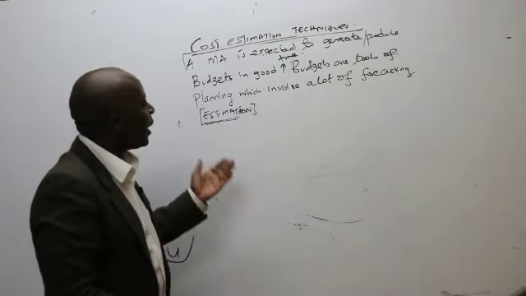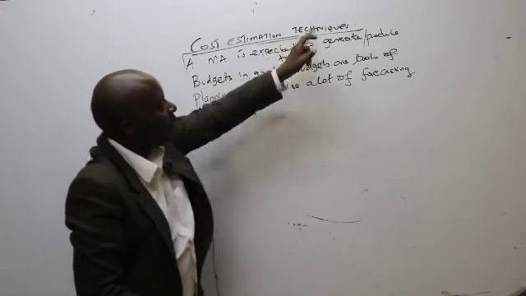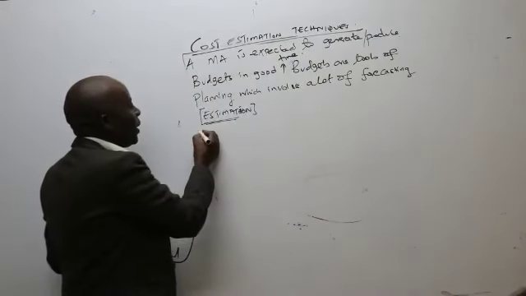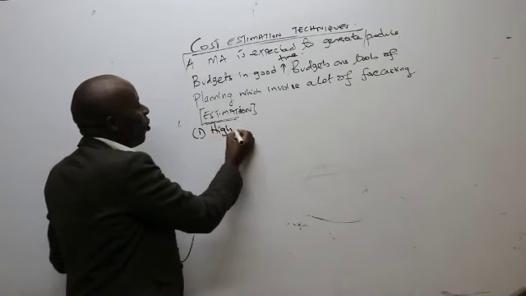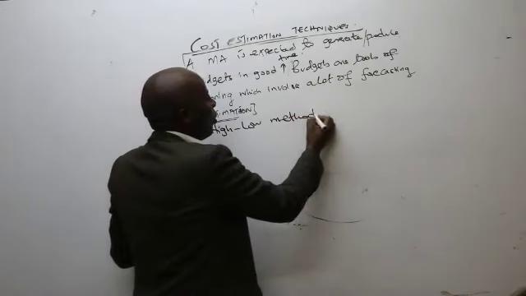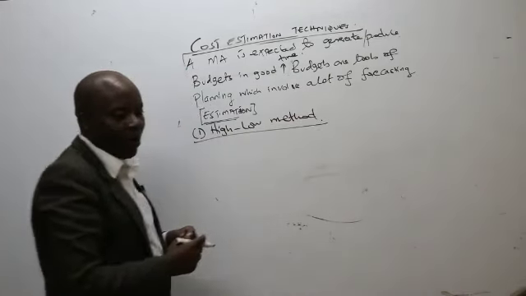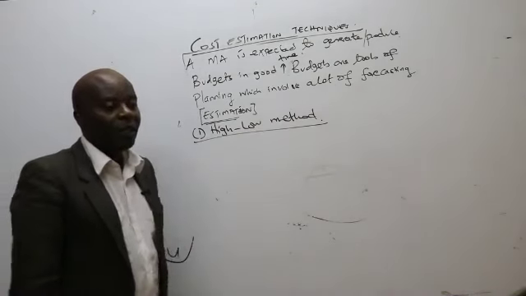Ladies and gentlemen, for us at this level, we are supposed to look at the techniques here. And the first technique that I would want to bring to your attention, technique number 1, is what we call the high-low method.